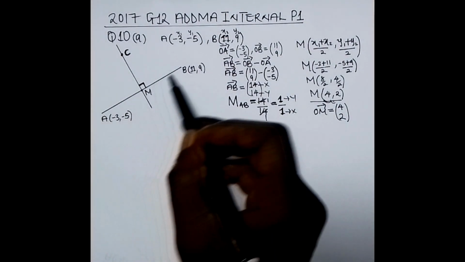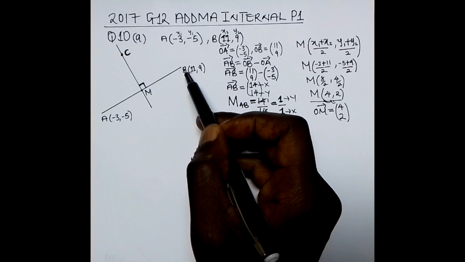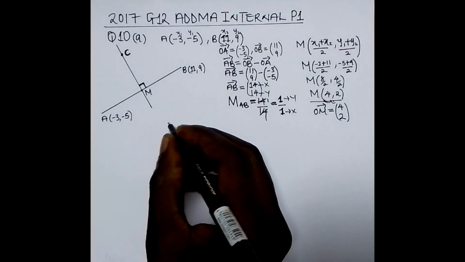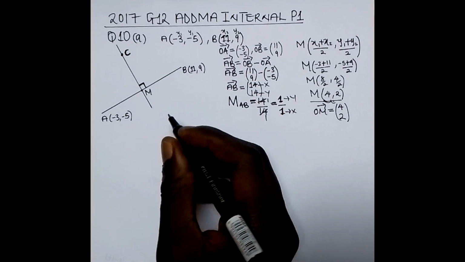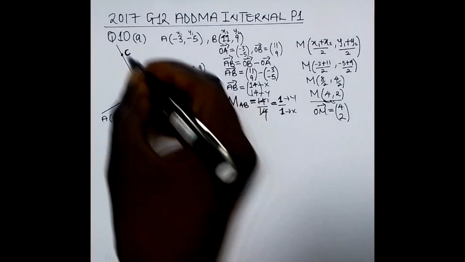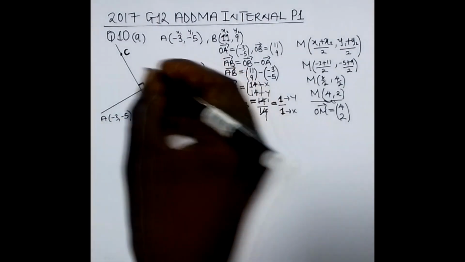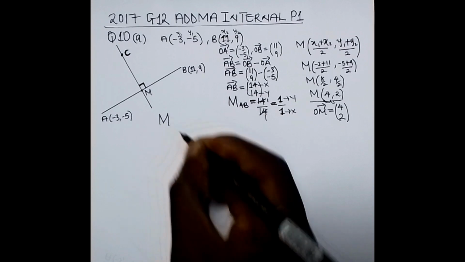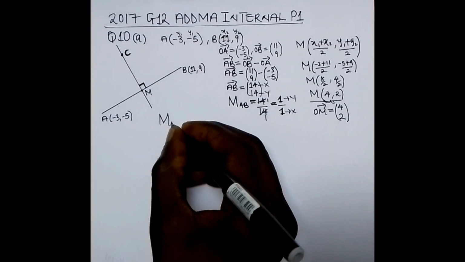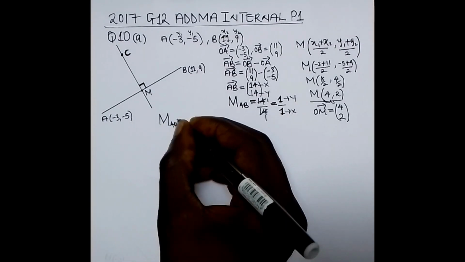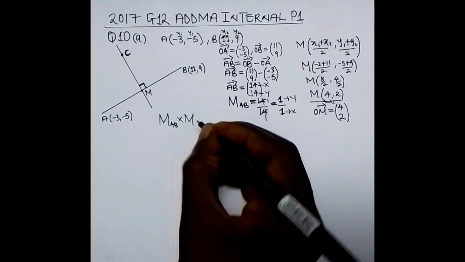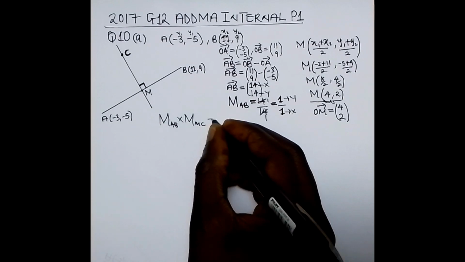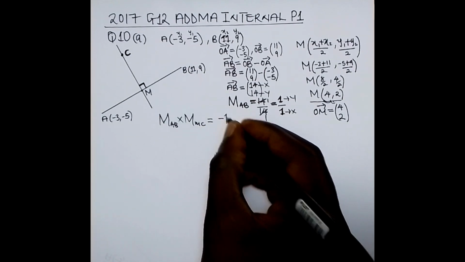If the gradient of this line is 1, positive 1, then what will be the gradient of this line? We're just going to apply this simple working. The relationship between these two is that since these two are perpendicular, then this means that the gradient of the line AB multiplied by the gradient of the line MC gives -1.